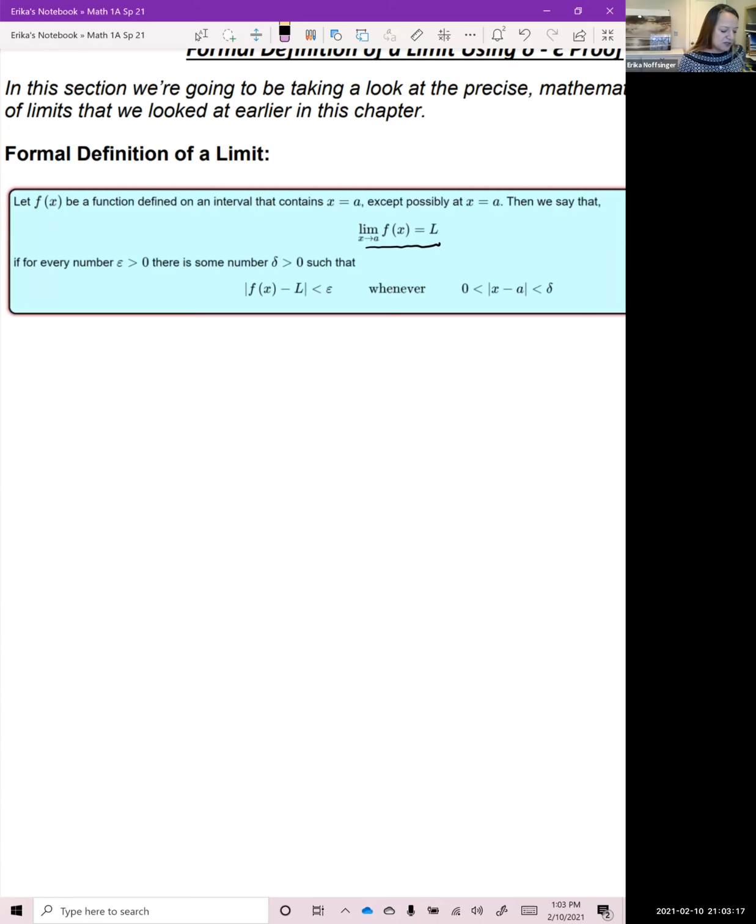If for every epsilon greater than 0, there is a delta greater than 0 such that the absolute value of f of x minus L is less than epsilon whenever 0 is less than the absolute value of x minus a and the absolute value is less than delta.